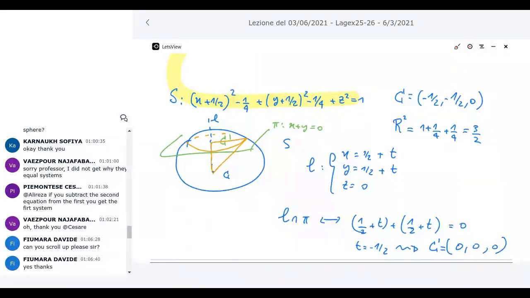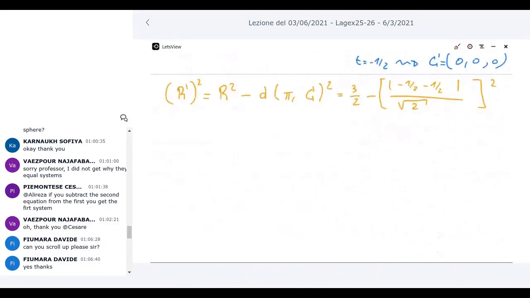Okay, so one more of this computation. Again, compute the radius and the center of the following circle.